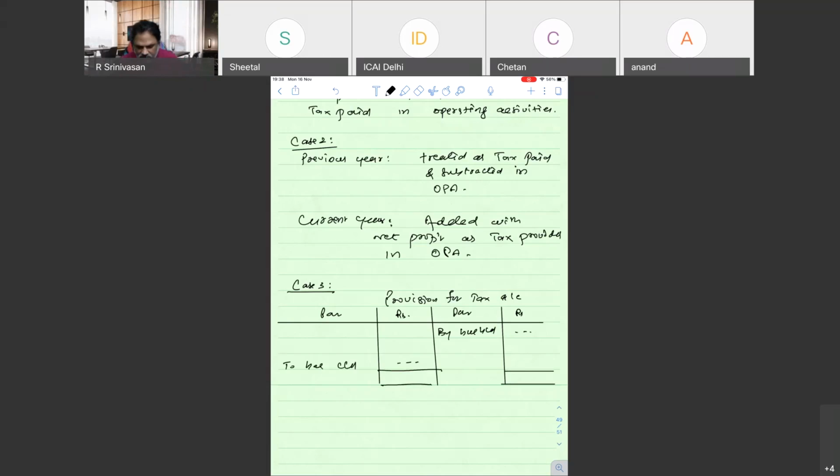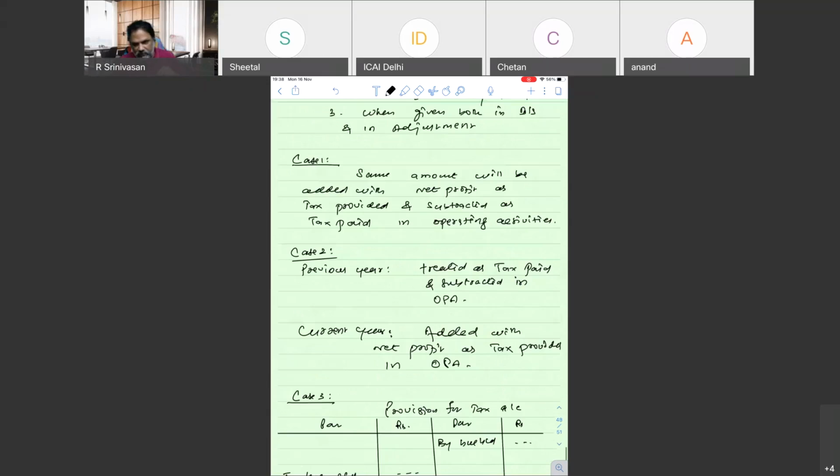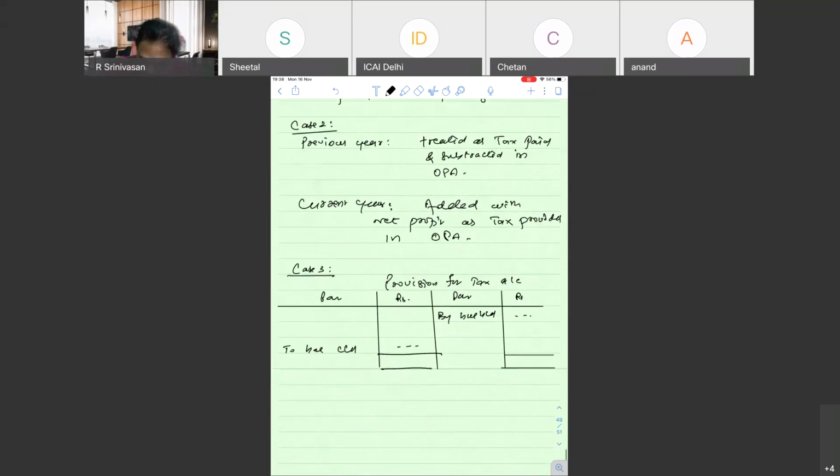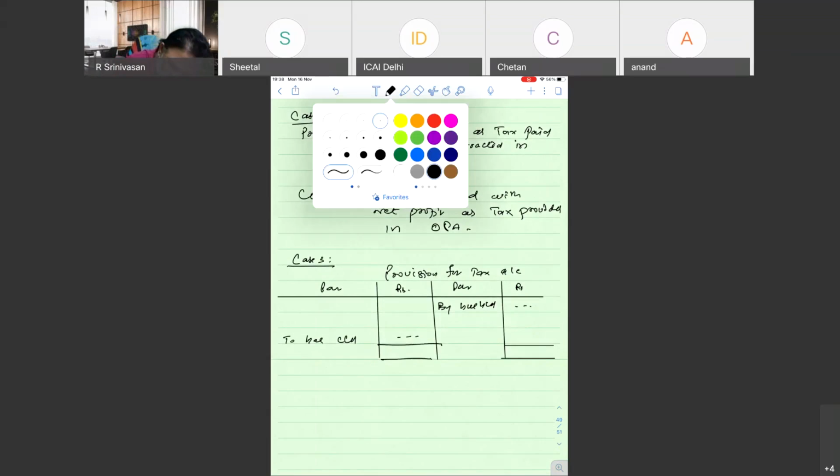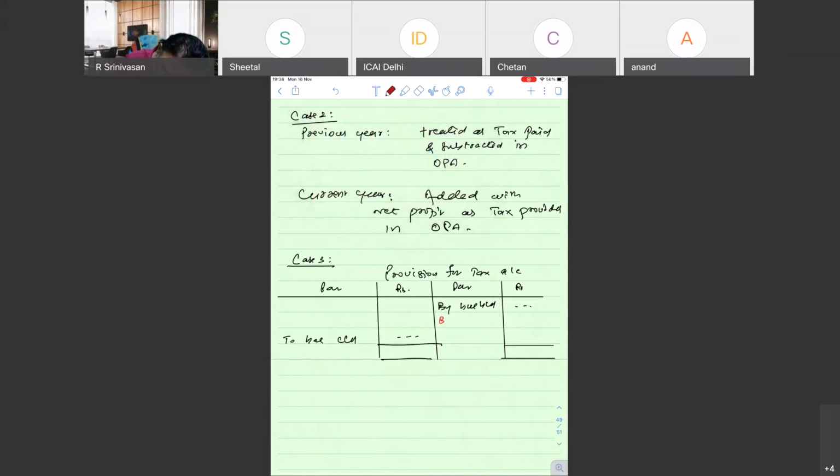In the third case, it is given both in balance sheet and adjustment. Either tax paid or tax provided will be missing. So here we will be writing tax provided by P&L account. This is tax provided during the year.